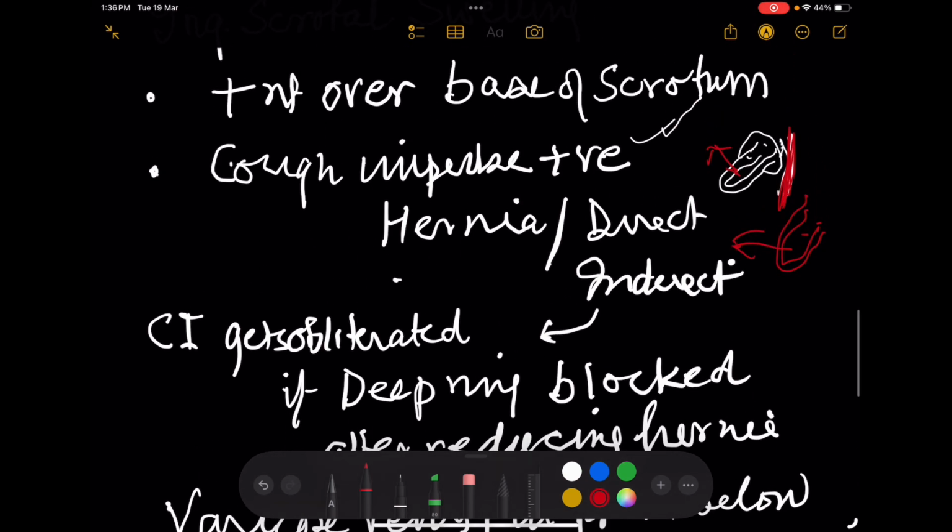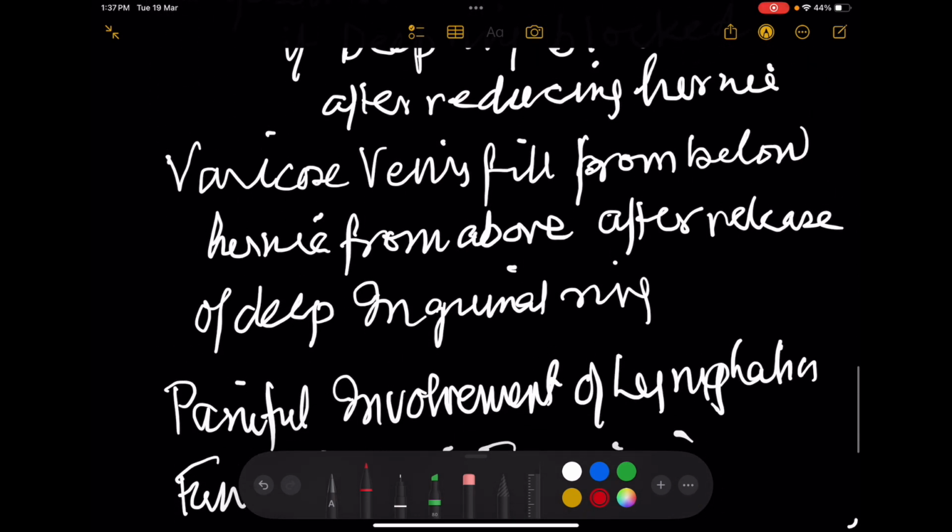And if you obliterate the deep inguinal ring by your thumb after reducing the hernia, the cough impulse will become negative with the indirect hernia, but will remain positive with a direct hernia. Then there can be the varicocele.